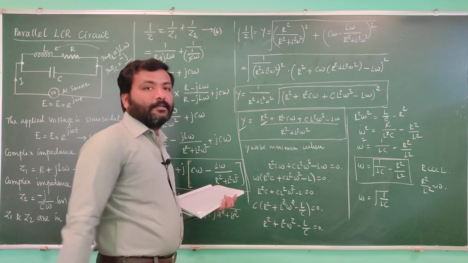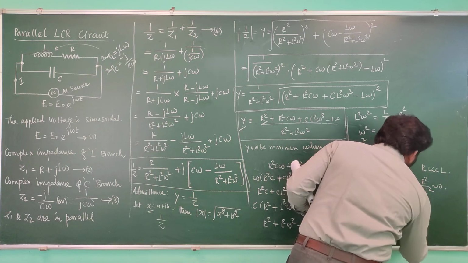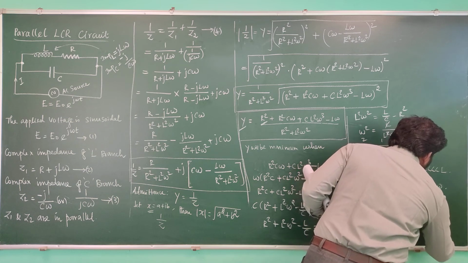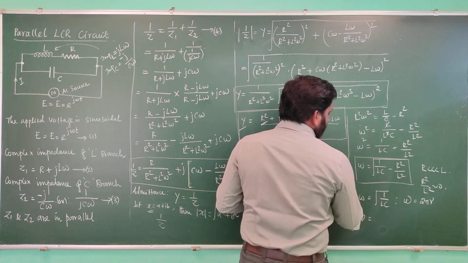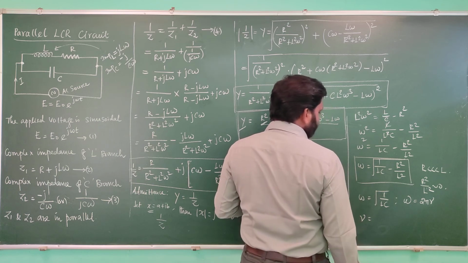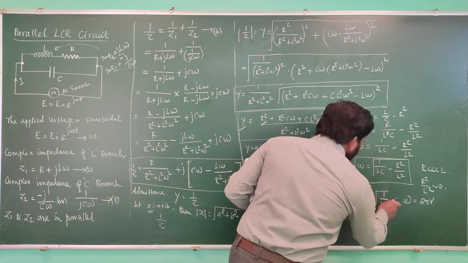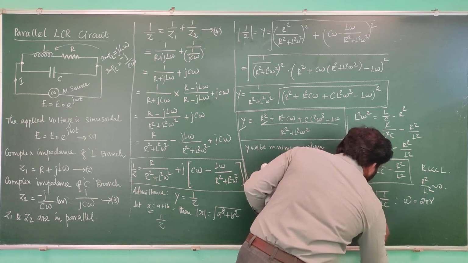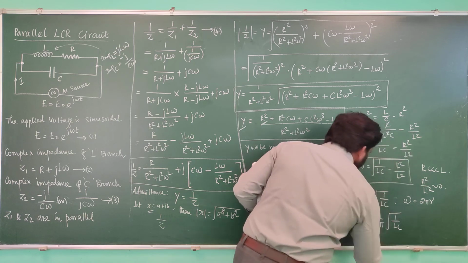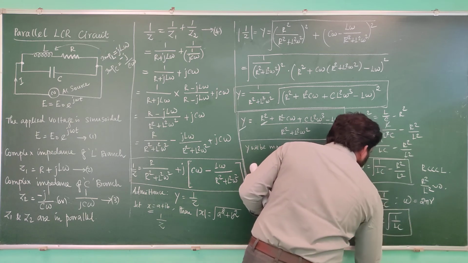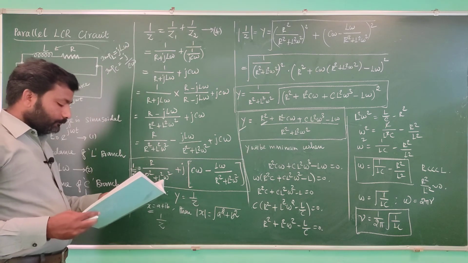Omega is the expression for angular frequency, and if you make it linear frequency, omega equals 2 pi nu. So if you want to write in terms of nu, 2 pi nu is equal to this term, or nu equals 1 by 2 pi times the square root of 1 by lc.